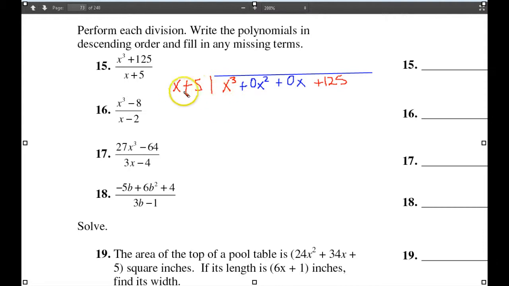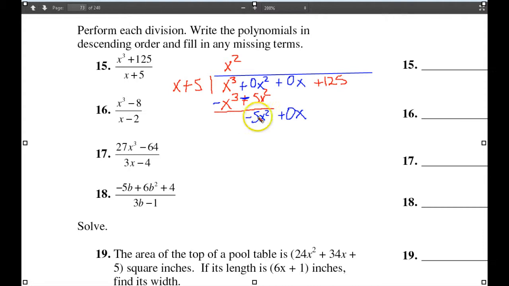So let's get started. X will go into here, x to the second times. So x times x to the second is x to the third. 5 times this is a positive 5x squared. Put our line, change our signs, and this becomes 5x squared, a negative. Bring down my 0x.